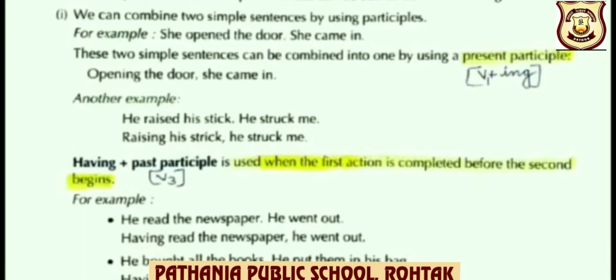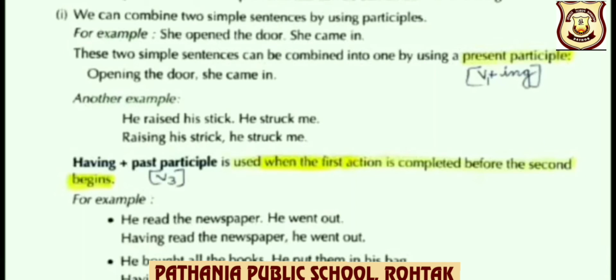Next formation is using the structure of having plus past participle, that is V3, we can frame one simple sentence. But in what case? In the situation when the first action is completed before the second begins.